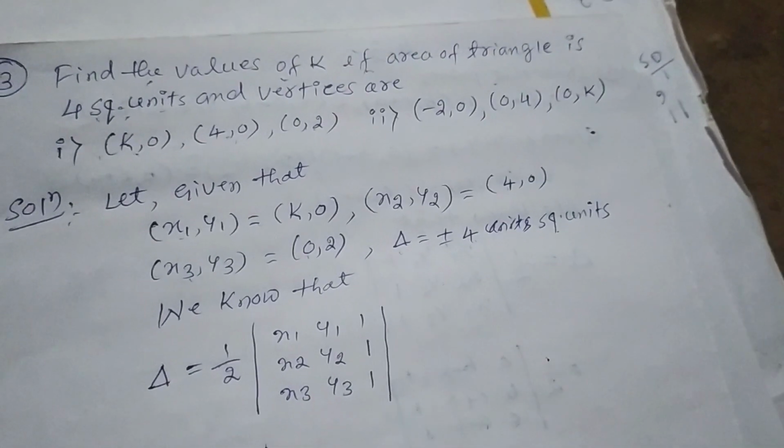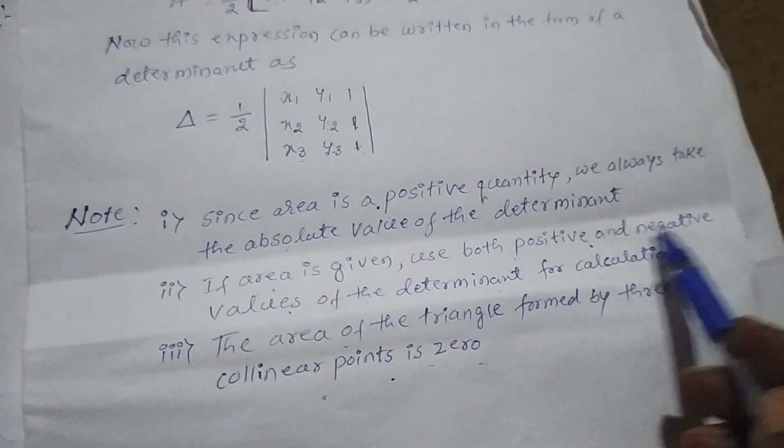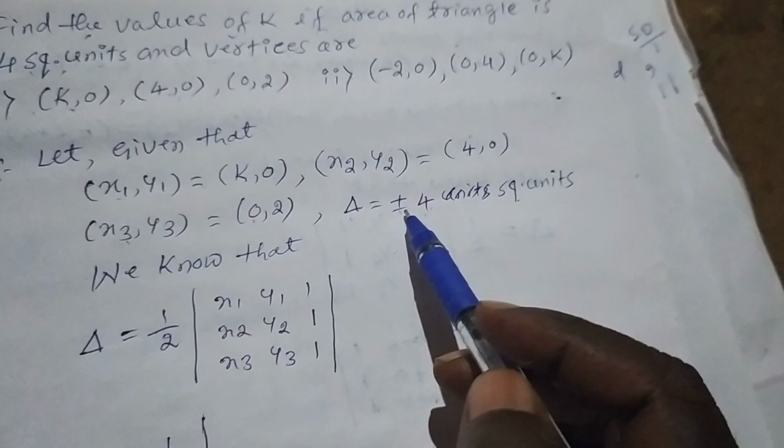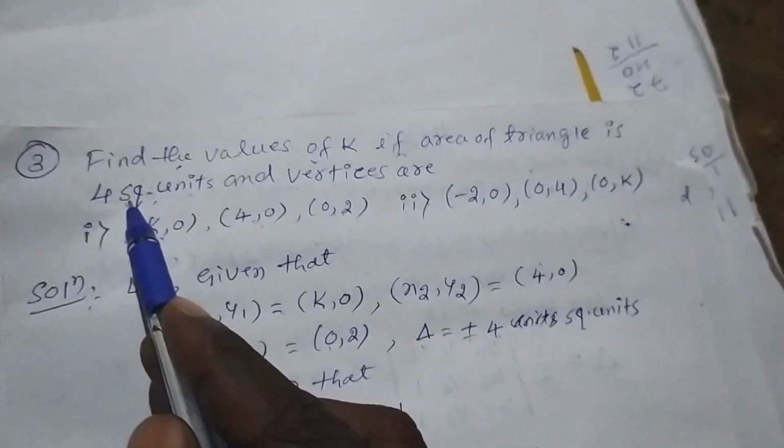Why have we taken plus or minus 4? Because according to the note, if the area is given, use both positive and negative values of the determinant for calculation. That is why we have taken plus or minus 4, because the area of the triangle is 4 square units.